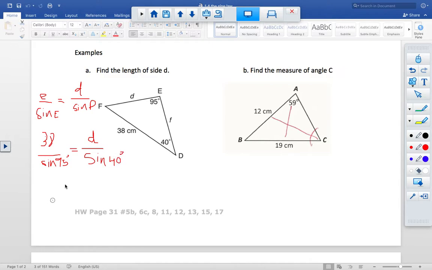Now to solve for D, I have to cross multiply. If I multiply sine 40 by 38, then I leave D by itself.